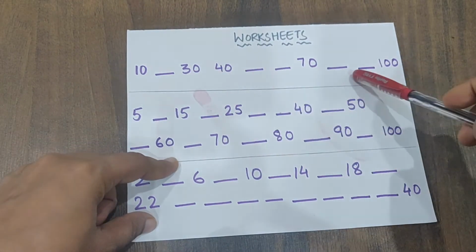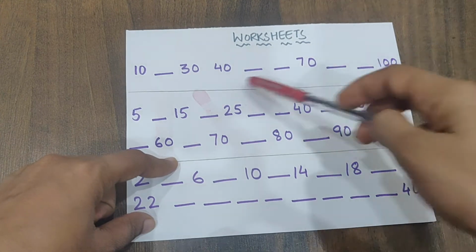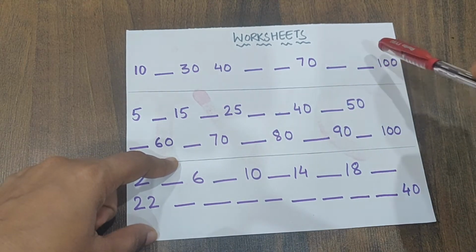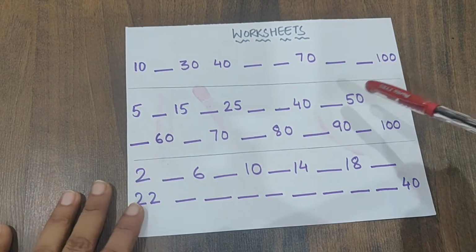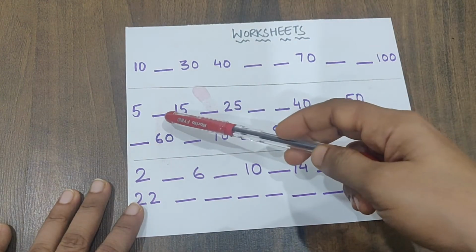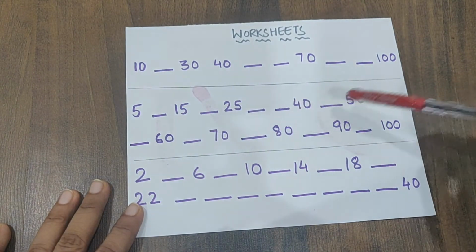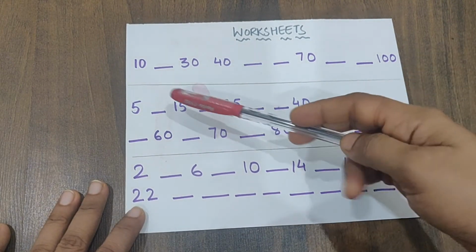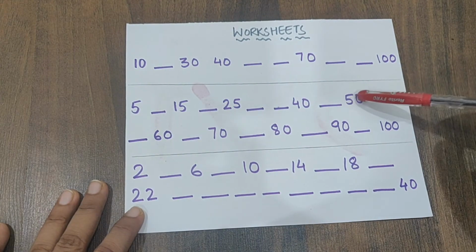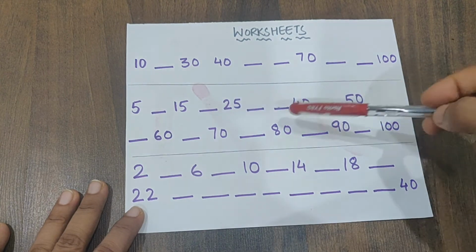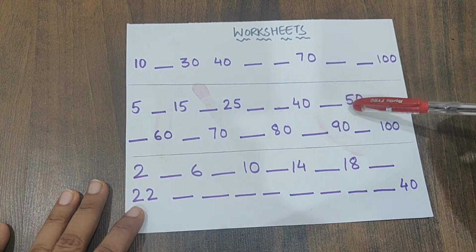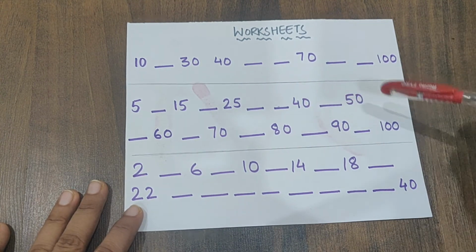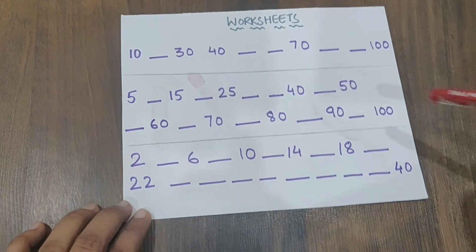So the first worksheet which you can generally make, or give, is for skip counting by 10. Next comes skip counting by 5. You can see that again I have kept 1 or 2 gaps in between and I have reached until 100. It's up to you. If the child has learnt up till 50, then fine, he or she can be given until 50 only, and gradually you can increase it until 100.